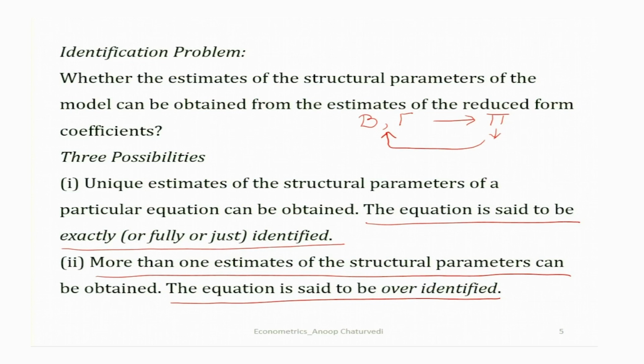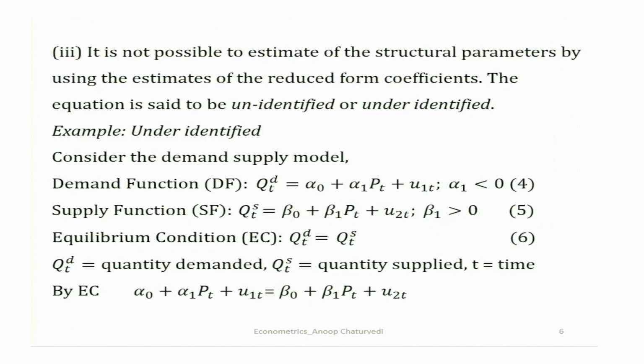So, that is why the equation is said to be over identified. The third possibility is that it is not possible to estimate the structural parameters by using the estimates of the reduced form coefficients. And in that case, the equation is said to be unidentified or under identified.